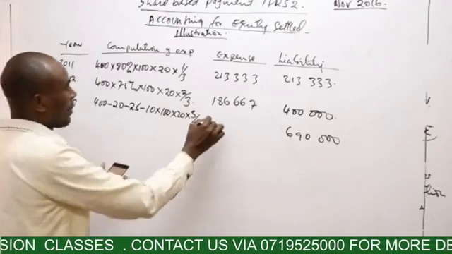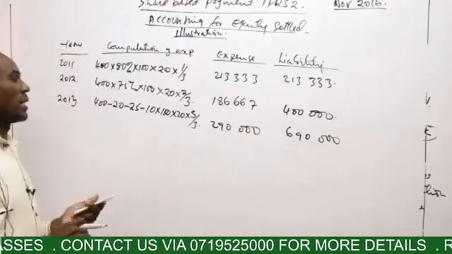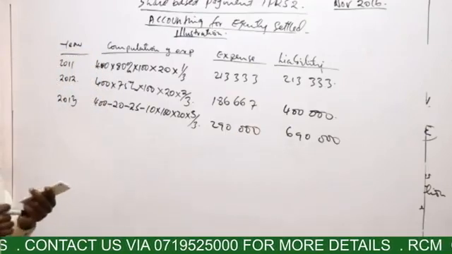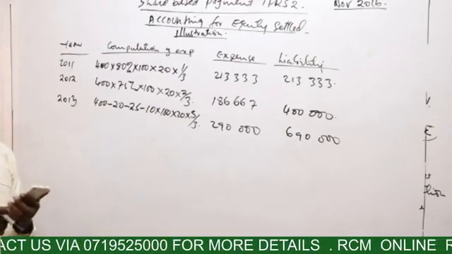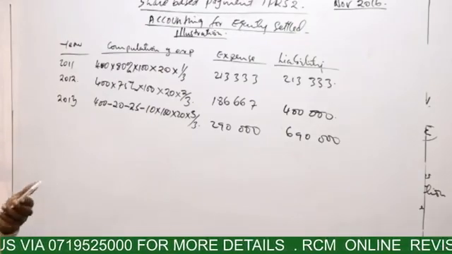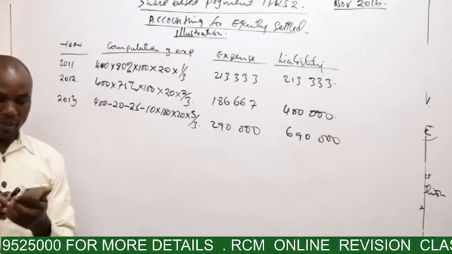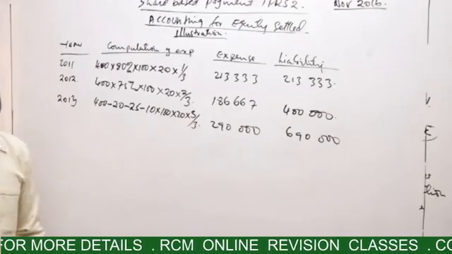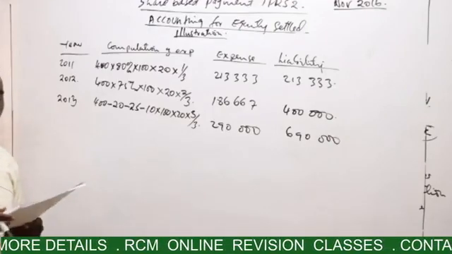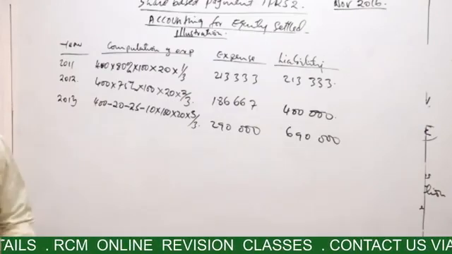I'm getting something like 290. That is how you will report that transaction to get 7 marks in this question.